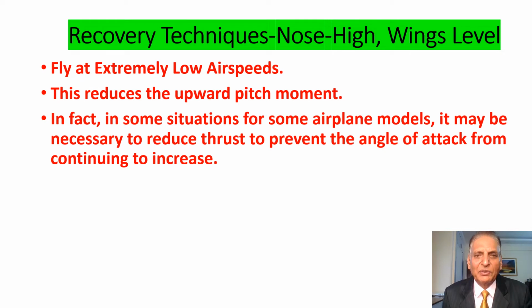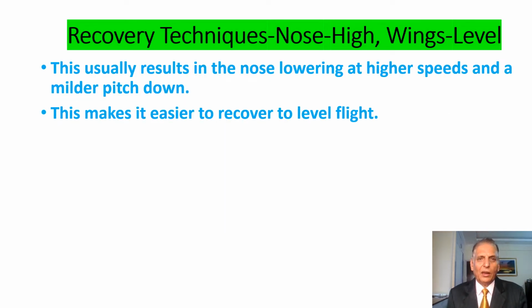In fact, in some situations, for some airplane models, it may be necessary to reduce thrust to prevent the angle of attack from continuing to increase. This usually results in the nose lowering at high speeds and a milder pitch down. This makes it easier to recover to level flight.